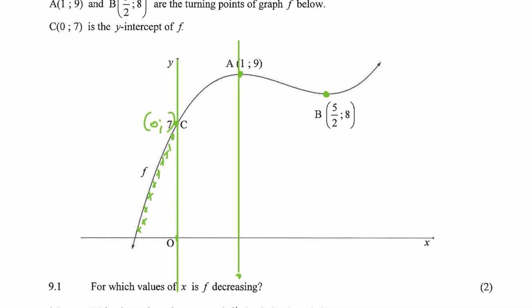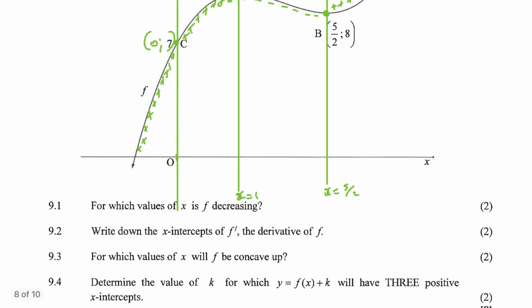This is x equal to 1. It's also increasing, it's not decreasing. Now let's look at when x is between 1 and 5/2, x equal to 5/2. What happened? This is where it is decreasing. And up here, it is increasing. Make sense?